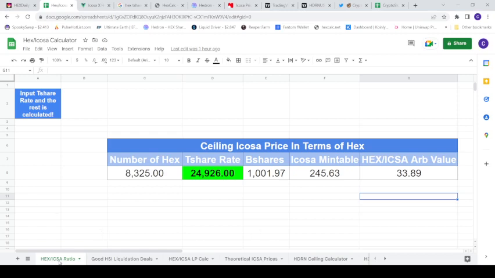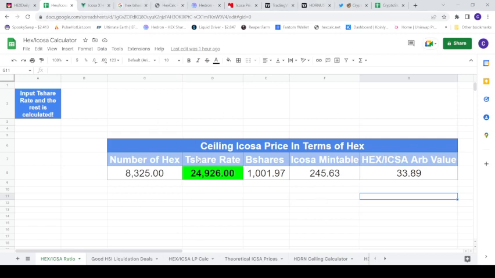The first one is the hex to Icosa ratio. What this is going to do is tell you the R value of where selling your HSI stake to the Icosa contract is going to be more beneficial, or if just buying it off the market is going to be the most beneficial.